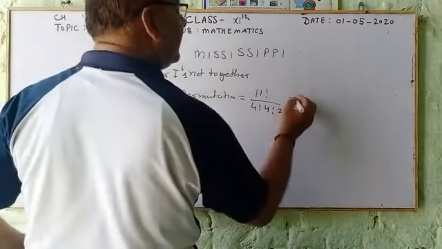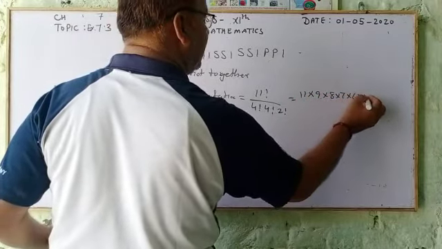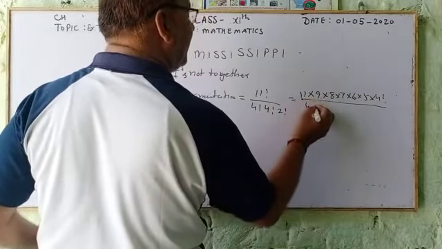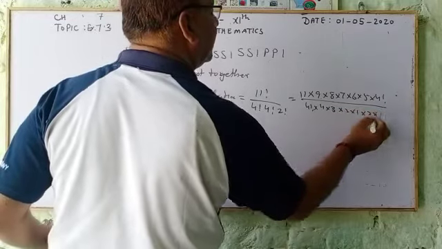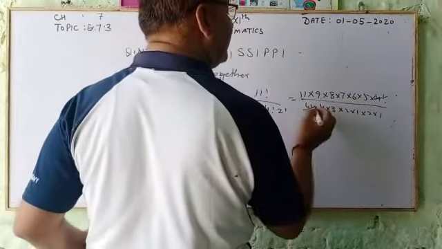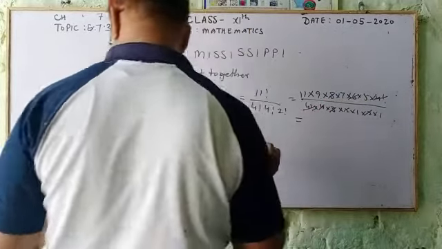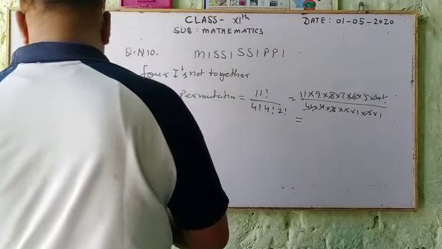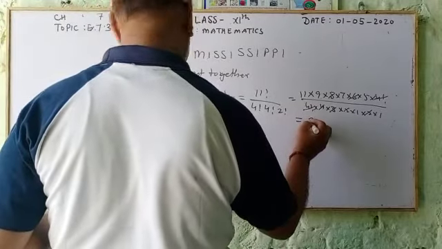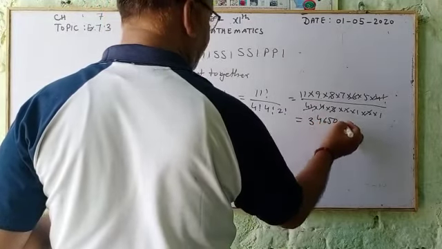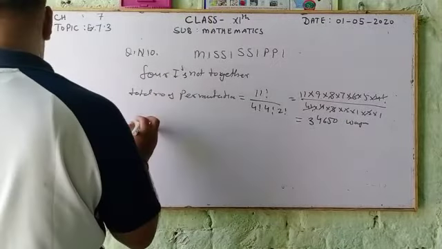We get 11 into 10 into 9 into 8 into 7 into 6 into 5 into 4 factorial upon 4 factorial into 4 into 3 into 2 into 1 into 2 into 1. After cancellations and multiplications, we get 34650 ways. But the given condition is that the 4 I's are not together.